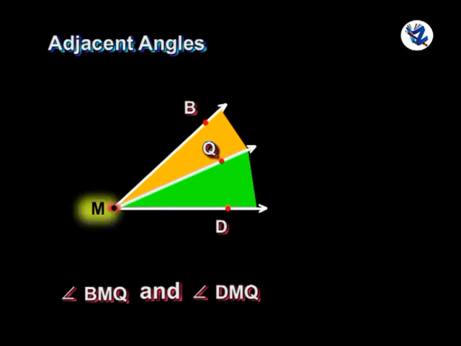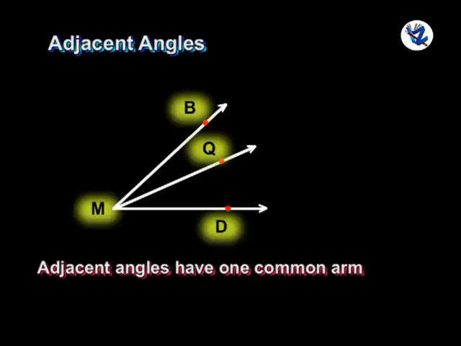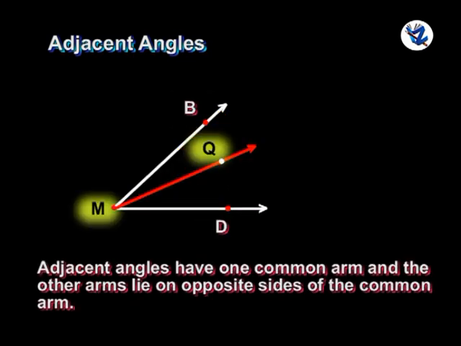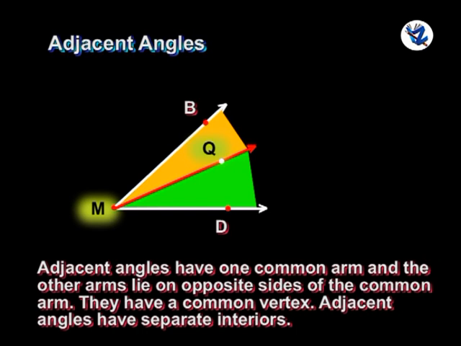The interiors of these angles do not have a single common point. They may be said to be neighboring angles. Such angles are called adjacent angles. So adjacent angles have one common arm and the other arms lie on opposite sides of the common arm. They have a common vertex and the adjacent angles have separate interiors.